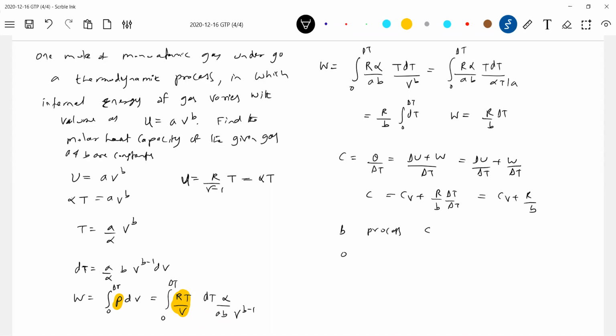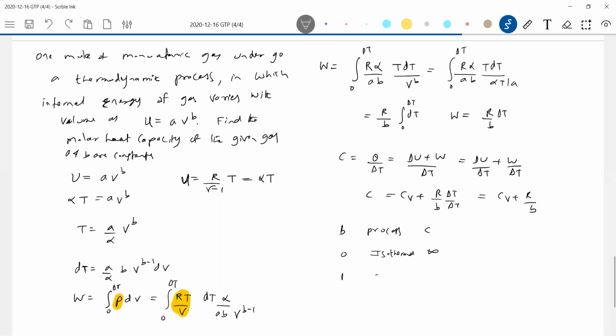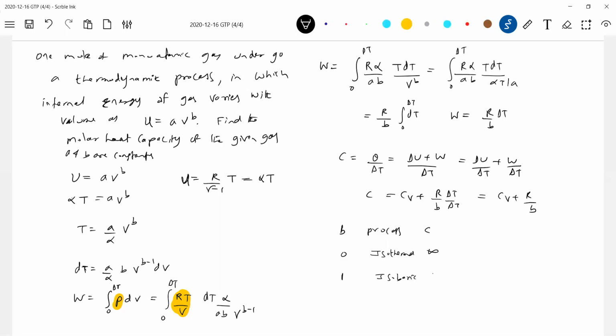If B equal to 0, isothermal process. B equal to 1? Isobaric. For a monatomic gas, the isobaric process gives 5R by 2. B equal to 2 gives 3R by 2 plus R by 2, which is 2R, so some general thermodynamic process.